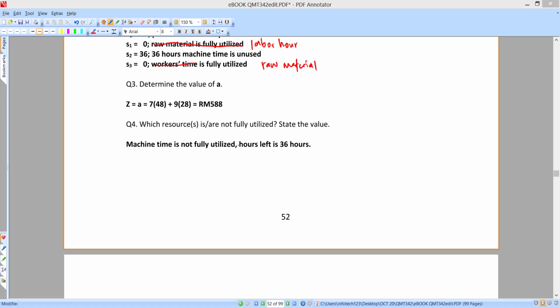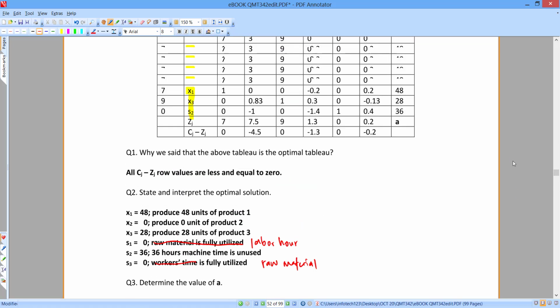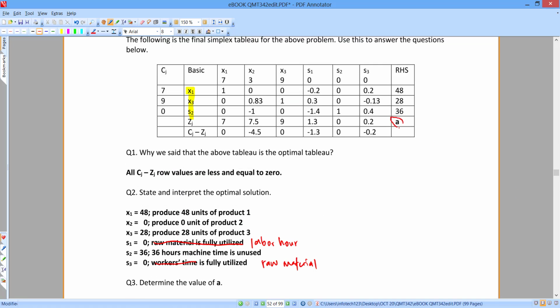Okay, question number 3. It asks about determine the value of A. So where is A in our final simplex table? Okay, here. So how to get A value? Remember, you take this value, 7 and also 9, by column, kan?